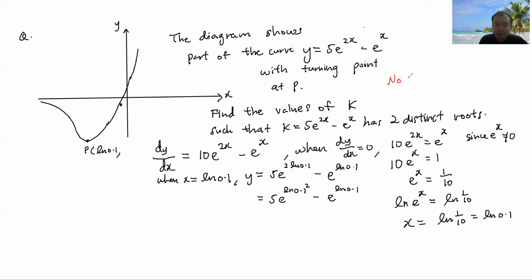Something to take note of: when you have e^(ln f(x)), you basically get f(x), because e and ln are inverse functions. So in other words, this would be 5 times 0.1 squared minus 0.1.